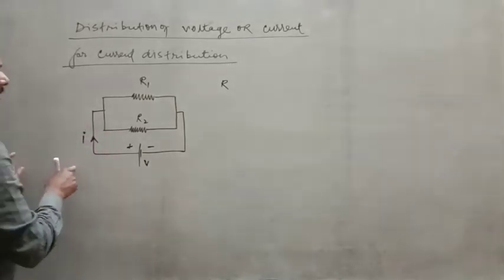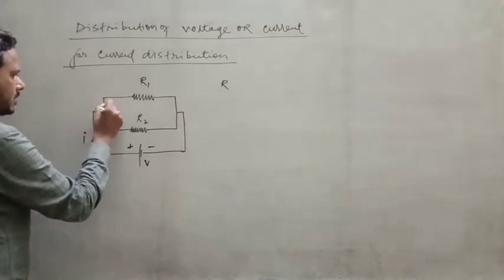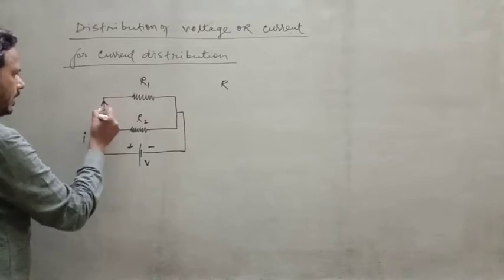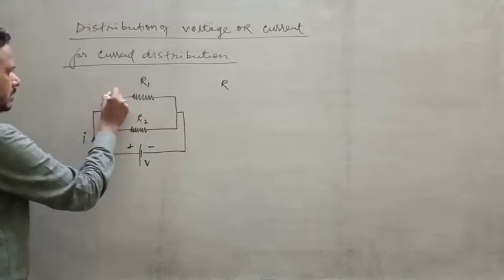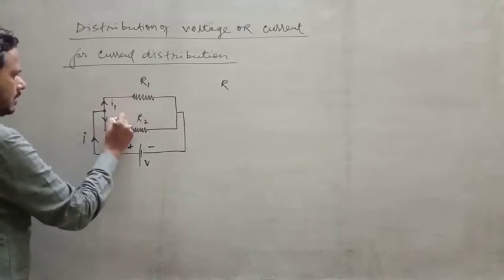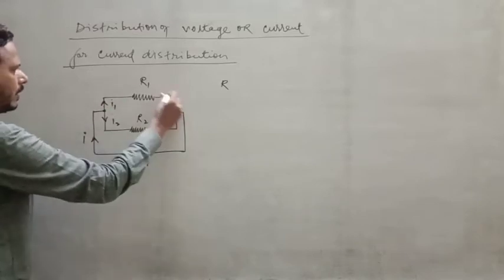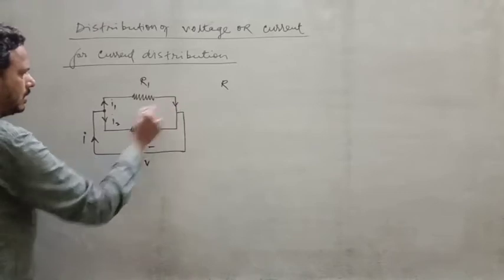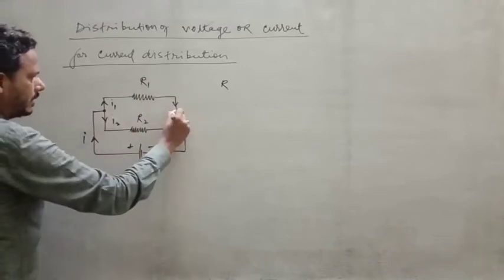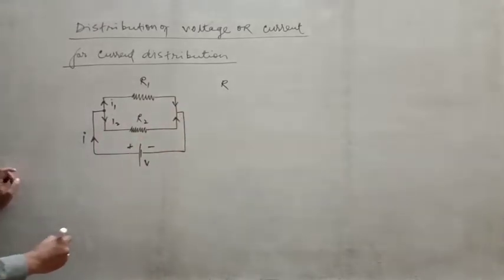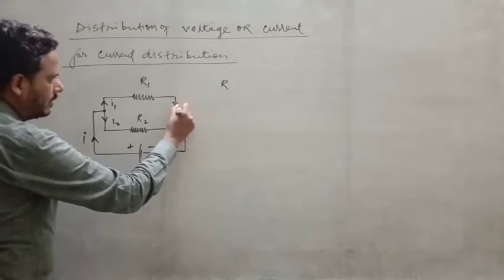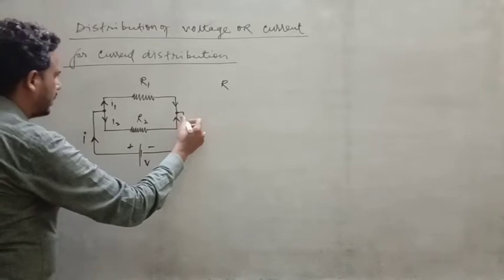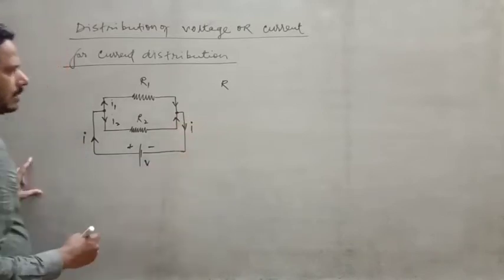So what happens at this node is that the current is distributed. Suppose this one is I1 and this one is I2. I1 flows in the clockwise direction and I2 flows in the anti-clockwise direction, and finally at this node they join and come together to be I again.